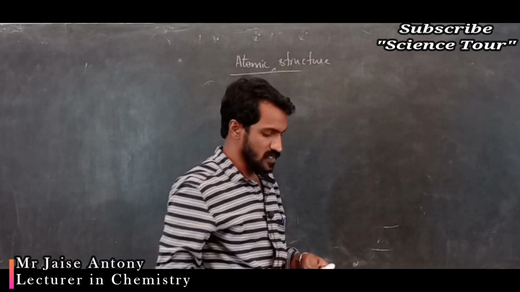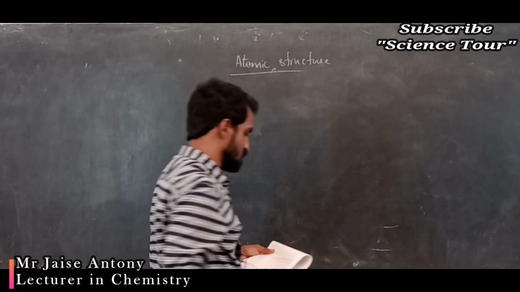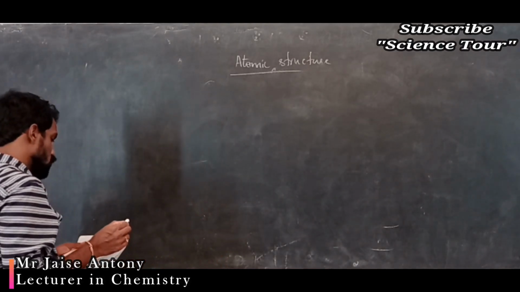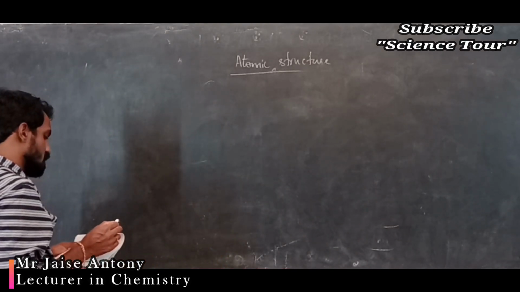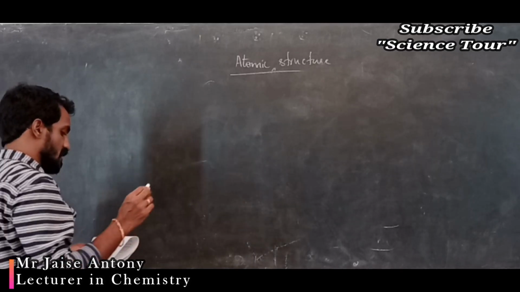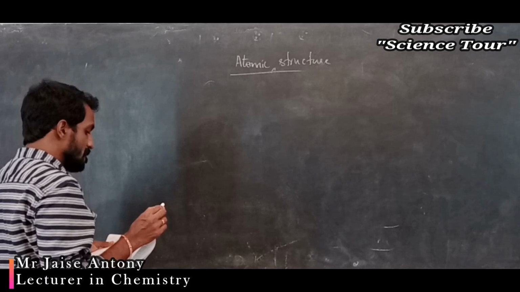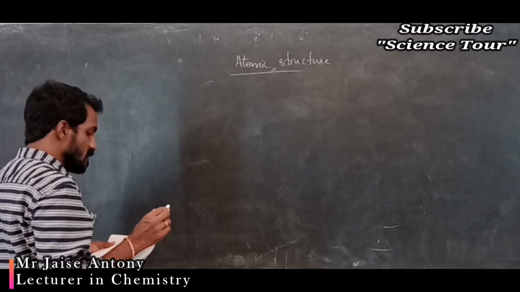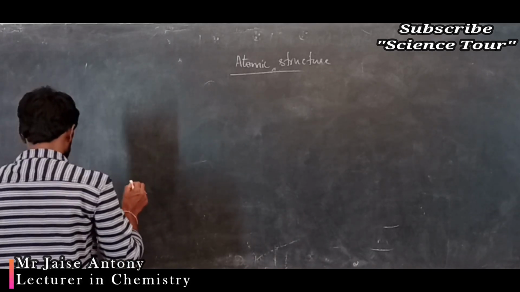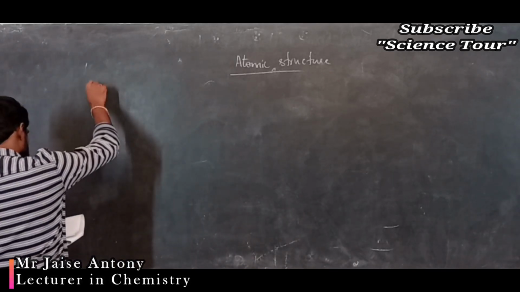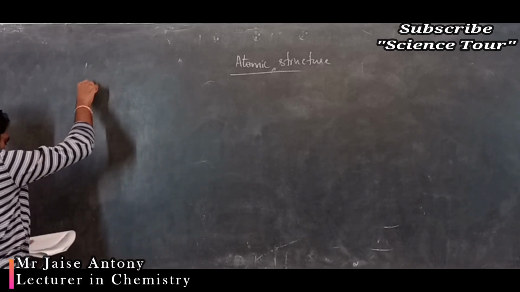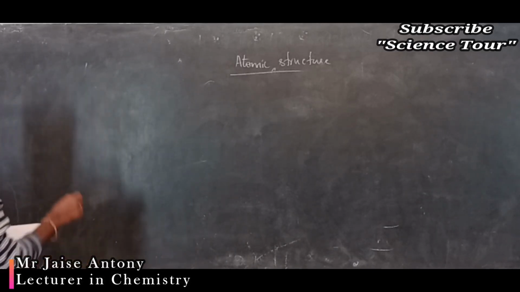Students, next question is: a body of mass x kg is moving with the velocity 100 meter per second actually. Its de Broglie wavelength is 6.62 into 10 to the power minus 35 meter. Hence h is given, my dear students. What are the things given?